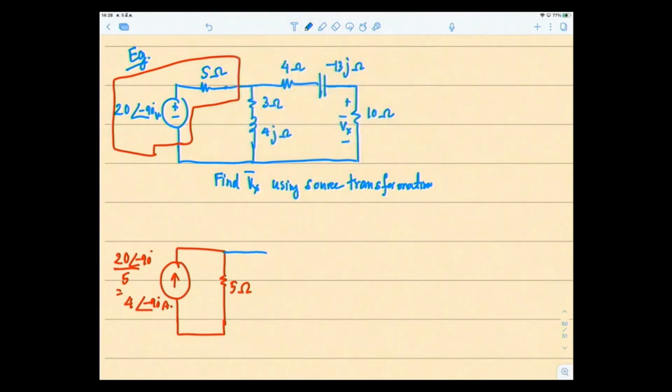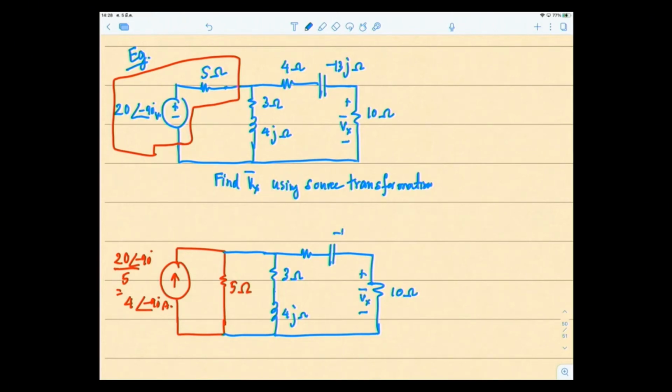Okay, the rest of the circuit stays as is. Like this. So you get this circuit.